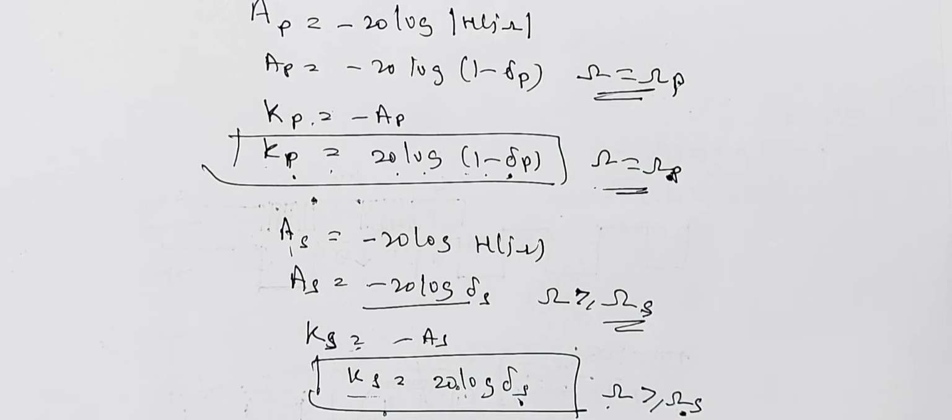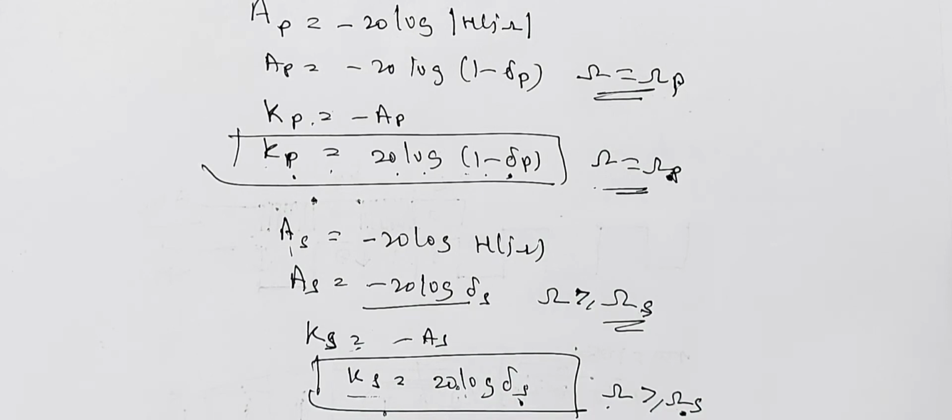In the next class, we will discuss the different types of filters. First, we have discussed the specification of a filter. That is, up to a certain frequency, there is a gain, the pass band gain. After a certain value of frequency, there is no gain. Gain becomes zero, the stop band gain.